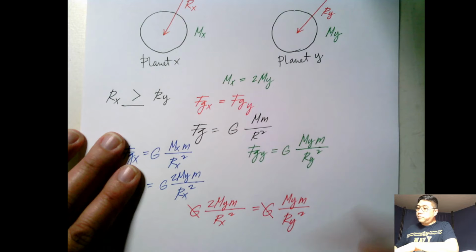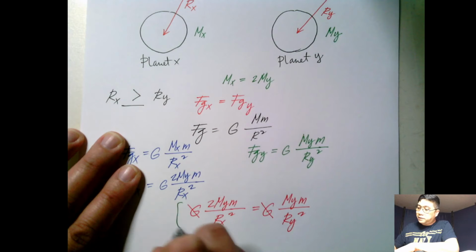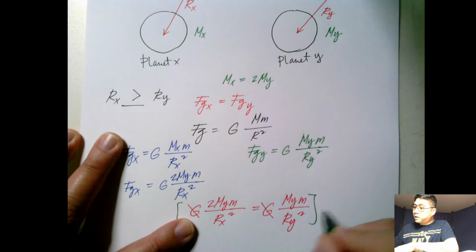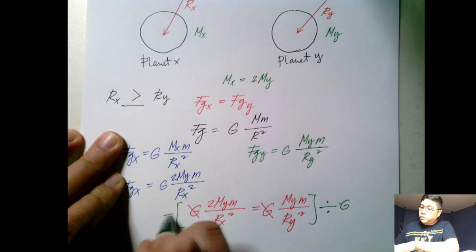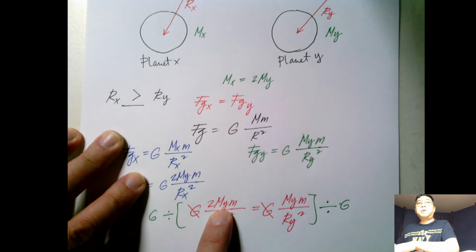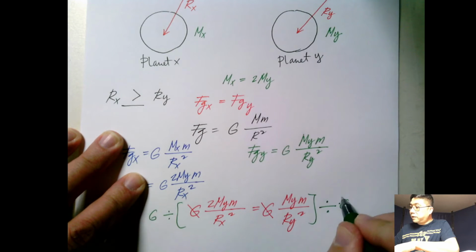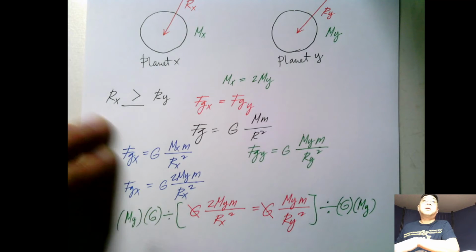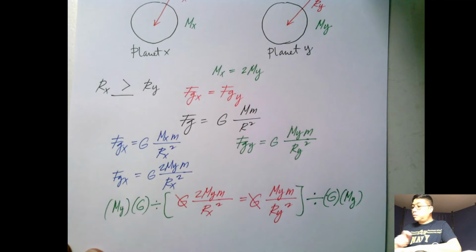If you divide both sides by things that you can divide, let me just write it down right here. If I want to get rid of G, I'll divide both sides by G. I also want to get rid of m sub Y, so I will divide again by m sub Y. Furthermore, I want to get rid of the lowercase m, so let's divide both sides by lowercase m.